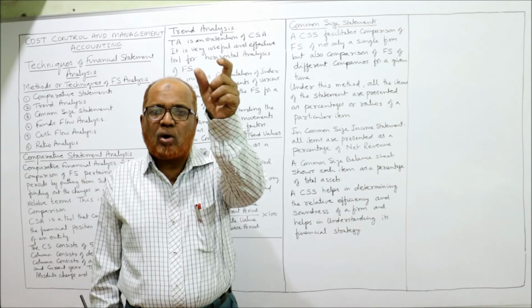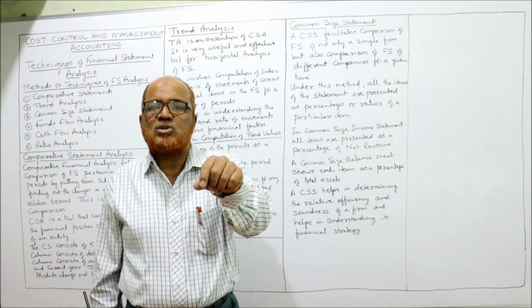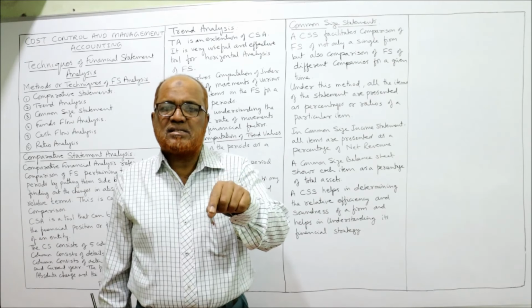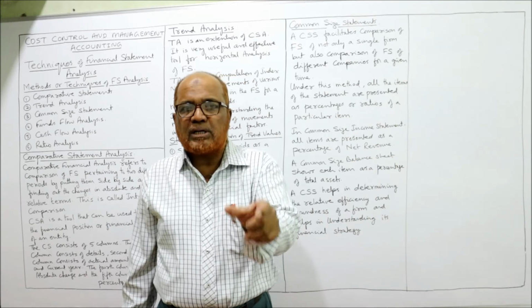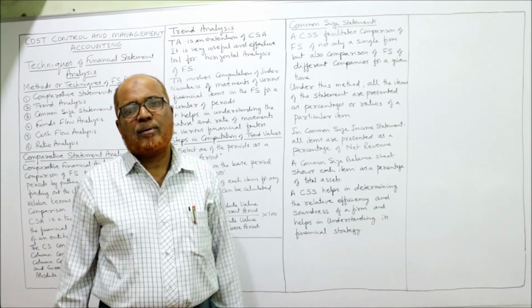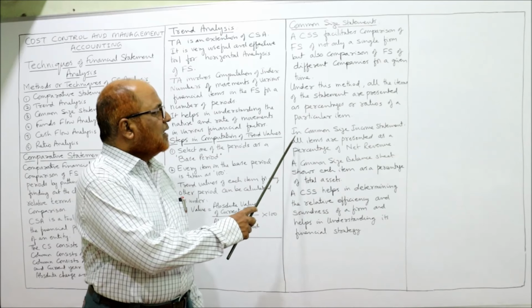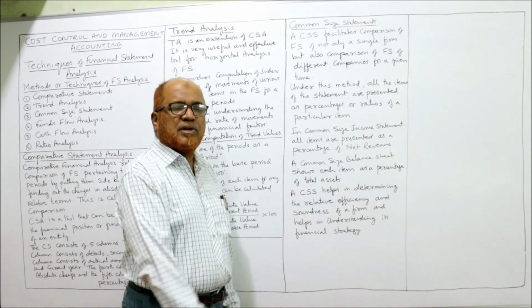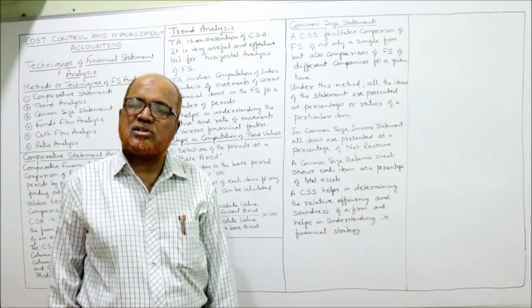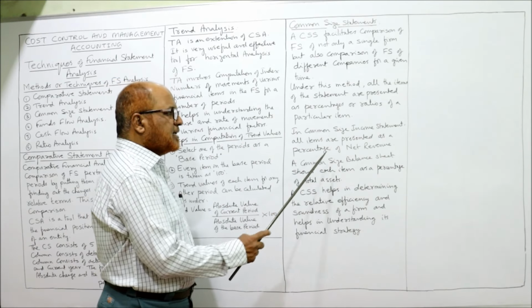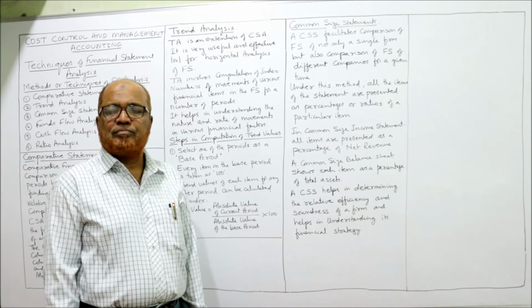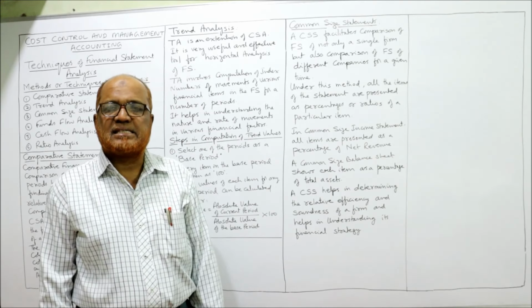We express all the values as a percentage of the base. The base is sales in case of profit and loss account and total assets in case of balance sheet. So in common size income statement, or profit and loss account, all items are presented as a percentage of net revenue. Net revenue means net sales.